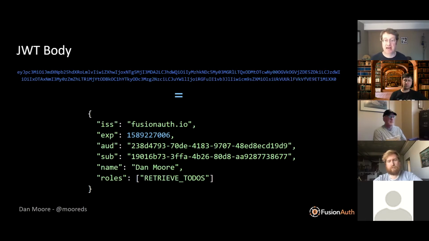The reason is that if we just used IDs, that would be leaking some information, right? If the ID of subject Dan Moore is 122, well, that tells you something. What's 121? What's 120, right? Maybe those are interesting things to an attacker.